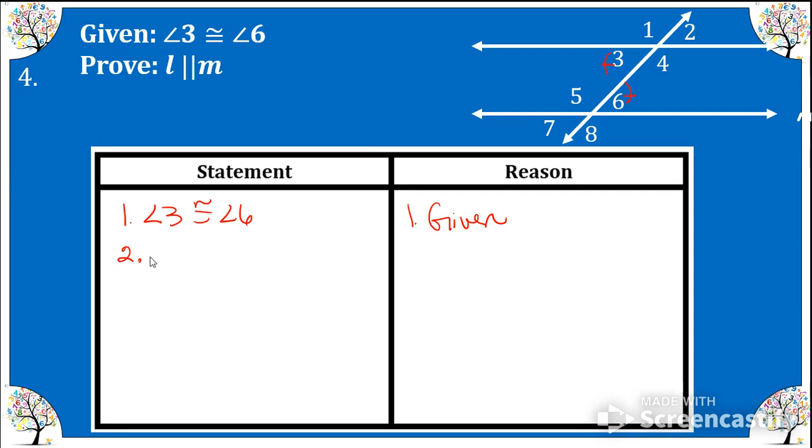So now let's take a look at what else we know. We can say that angles 3 and 2 are congruent because they're vertical. We know vertical angles are congruent. So what else do we know?